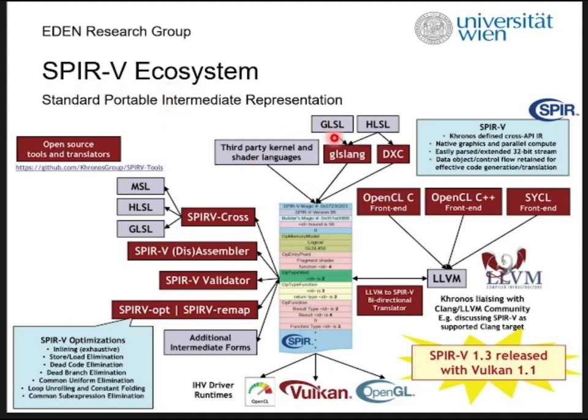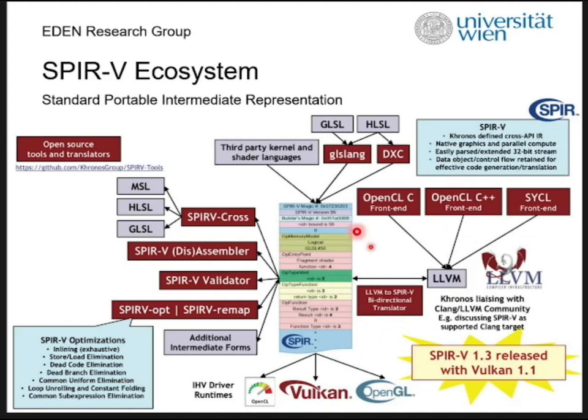So SPIR-V is not just something simple, it's really an ecosystem. We see that we have GLSL, we have HLSL. We can use the GLSLang validator to turn all of these into SPIR-V. DirectX has the DX cross compiler. Also, we can use LLVM to turn all of these things into SPIR-V.